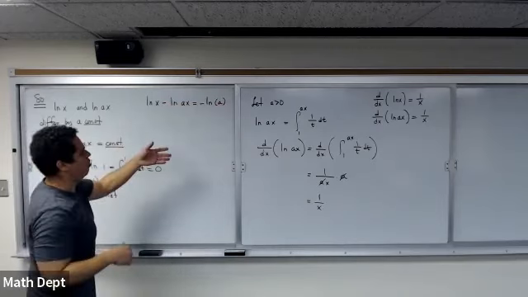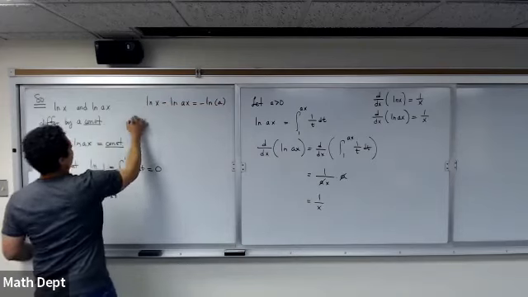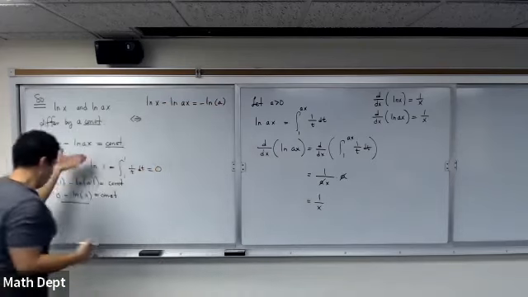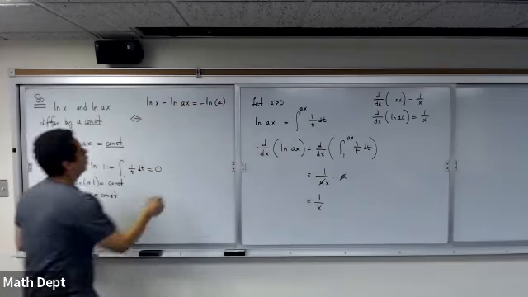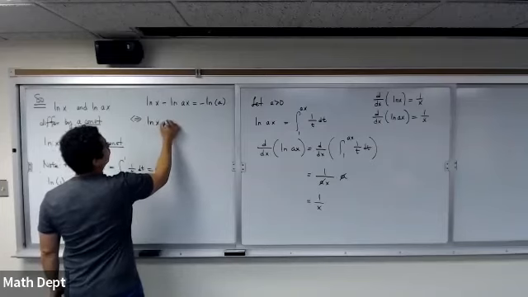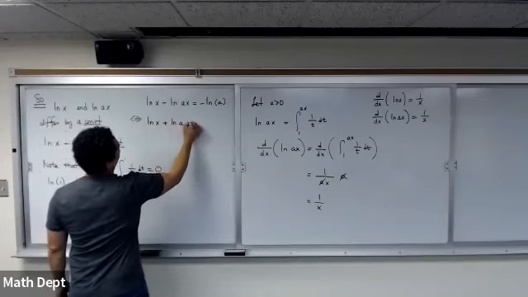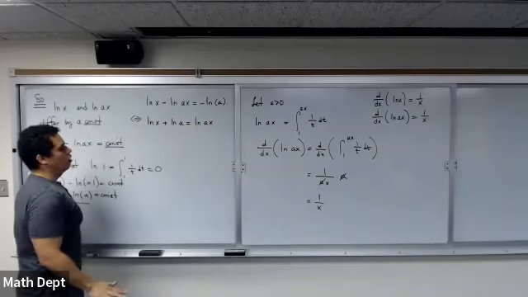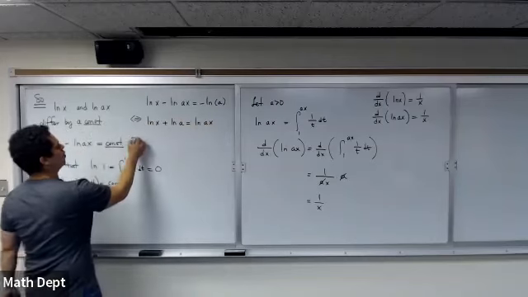Maybe this is not something that we have seen, but look, what I'm going to do is just recast this equation that we just obtained from this computation into the following. Ln of x plus ln of a is equal to ln of ax. I'm going to recast it into more familiar terms.